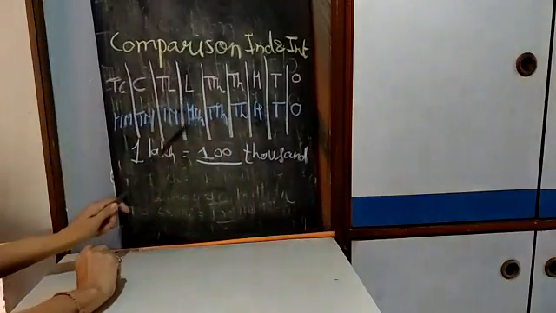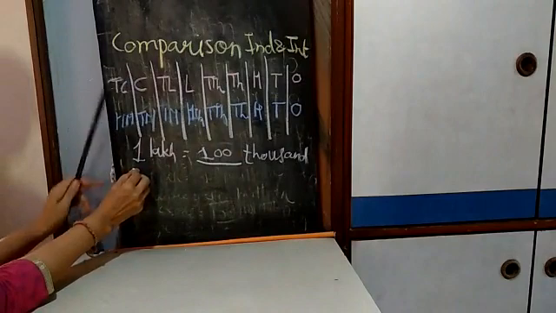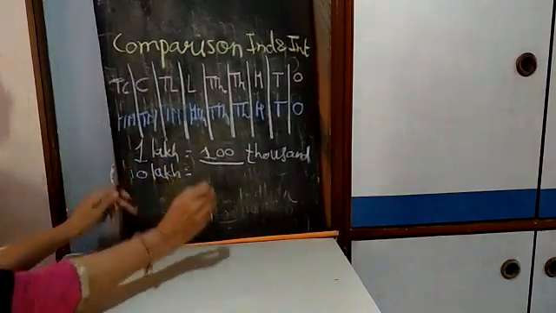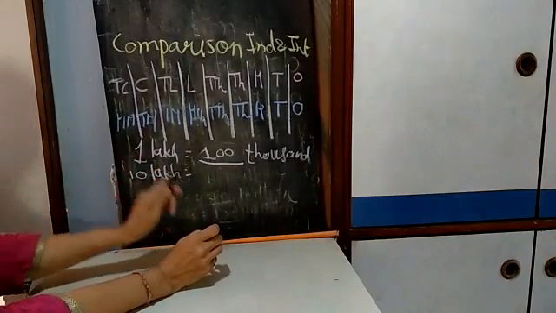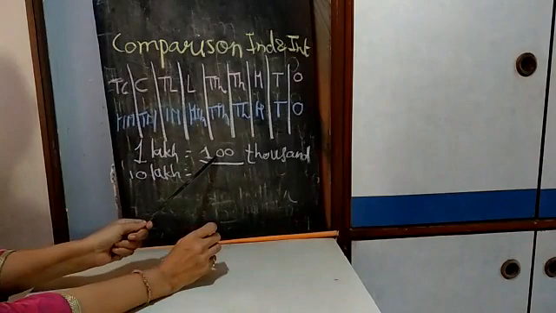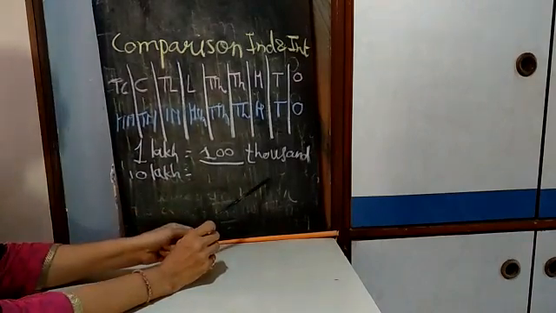Right children? Now you can multiply the numbers. Instead of 1 lakh, it is 10 lakhs. So 10 lakhs is equal to how many? You can write 10 multiplied by 100, that is 1000.